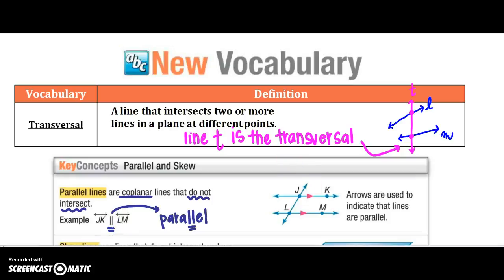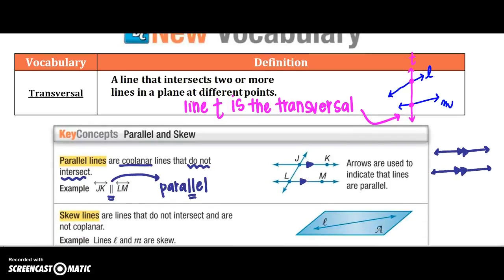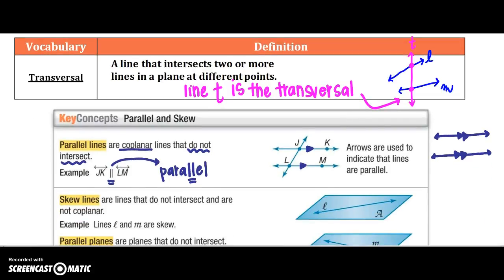These two little arrow symbols, kind of like our congruent symbols with lines, say that one line is parallel to that line. If we have two arrows on a line, the two arrows match parallel to the other two arrows.